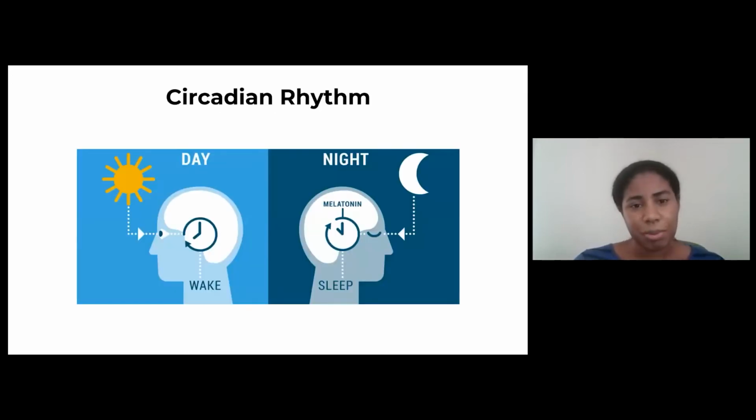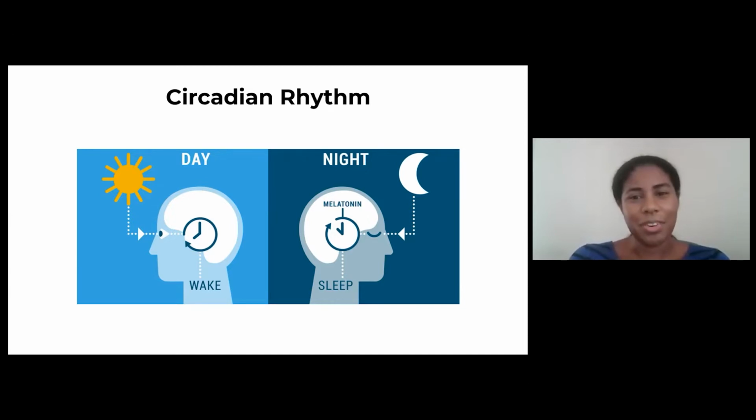And then the other process is our circadian rhythm. Our circadian rhythm ultimately aligns our sleep and wake activity with the night and day cycle across approximately 24 hours. And I say approximately because it's more like 24.2 to 24.5.